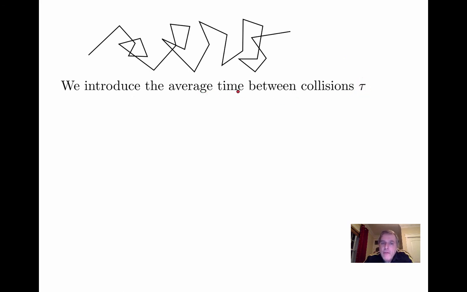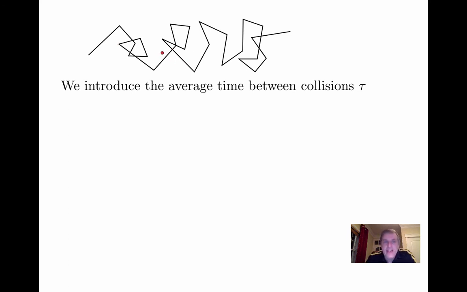That would be the average time between collisions. It's an average time because sometimes collisions can take a certain while. Other collisions can happen very close in time. So the time between each successive collision can vary a lot. So let's say you talk here about the average value.